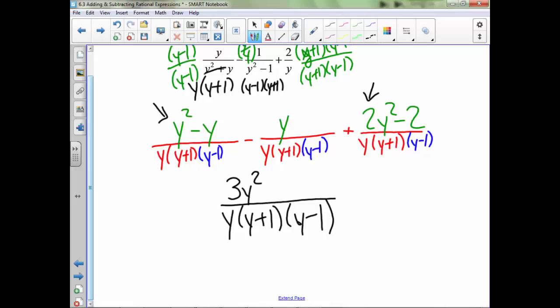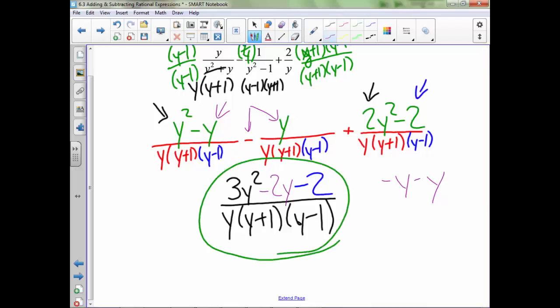As far as the y's, we'll have a negative y minus y, so we'll have a negative 2y. And then we are left with this negative 2, so we'll have a minus 2. And that does not factor. So this is our answer.